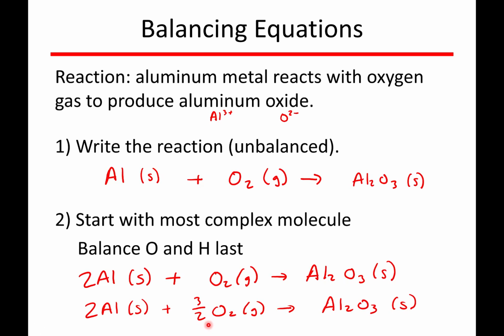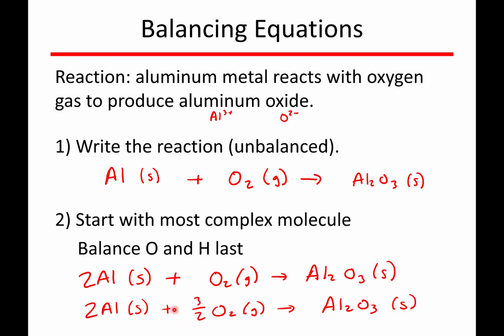To get a whole number, what we can do is multiply everything in this reaction by 2. Multiplying by 2 will allow you to cancel out the halves that are here and get you to a whole number. But you can't just multiply the O2 by 2, because if you do that, the reaction is no longer balanced.